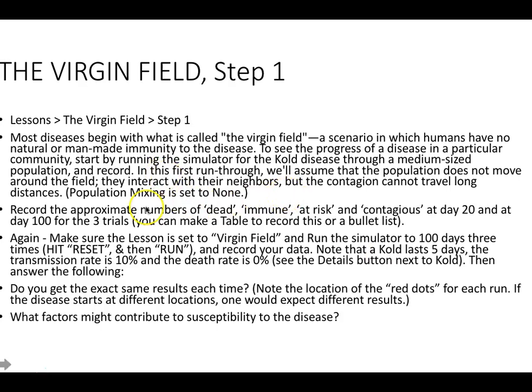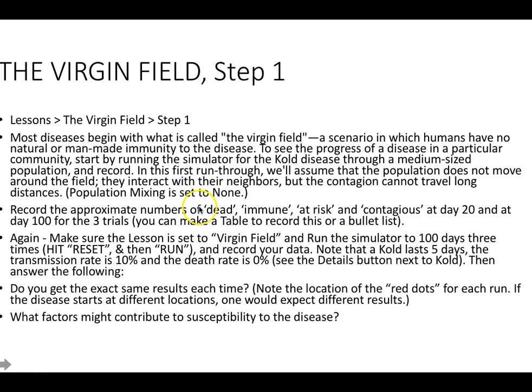What you're going to do is set the simulator for virgin, set it for cold, and run that data, and it runs automatically. It goes from day 1 to day 100 and then stops, so you can record all of your information.